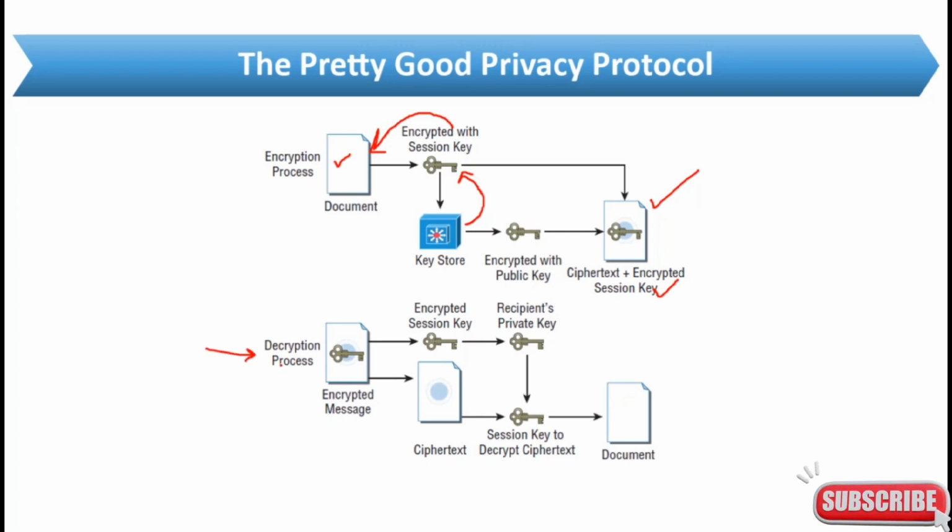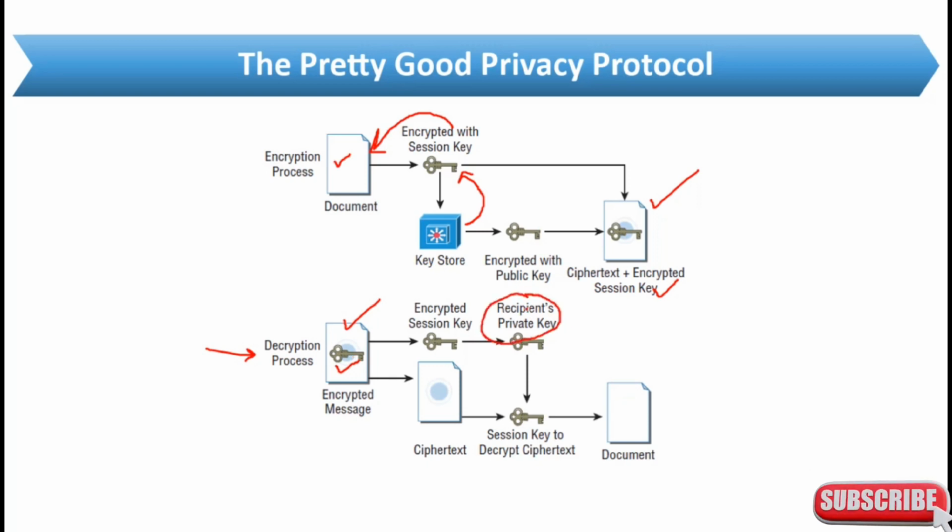Now when the recipient receives the encrypted document along with the encrypted session key, since this session key is encrypted with the public key of this recipient, it can be easily decrypted with the help of the private key of the recipient.